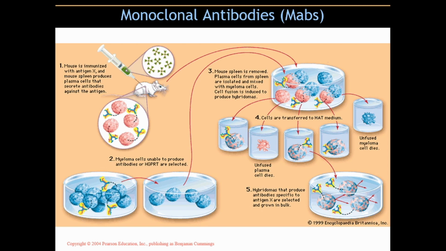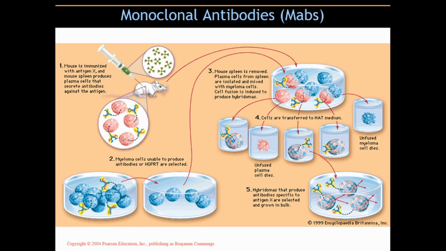So we take these cells that can reproduce very, very rapidly, and we combine them with the B cells, the plasma cells from the mouse, and we get what we call a hybridoma. With the hybridomas we have the best of both worlds. A rapidly producing cell, and it produces the antibodies that are desired.